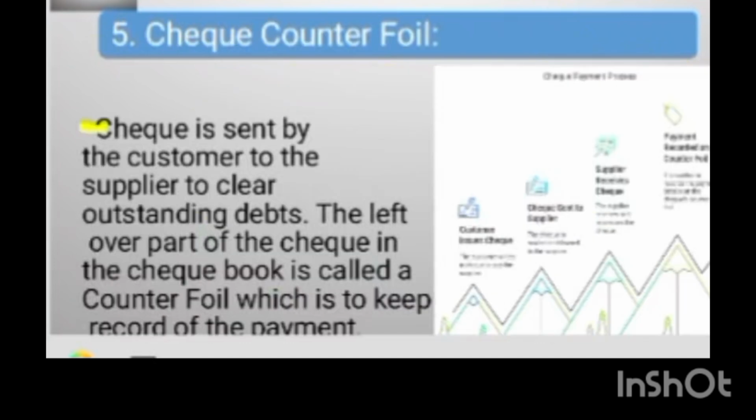Check is sent by the customer to the supplier to clear outstanding debts. As I told you in the beginning, the payment for any purchase can be done by cash or by the check, bank check, right? What is check now?